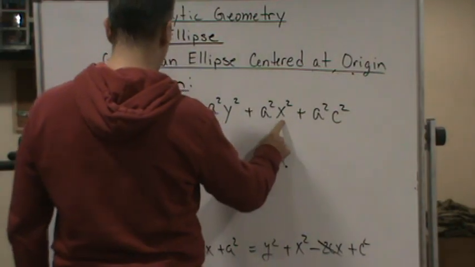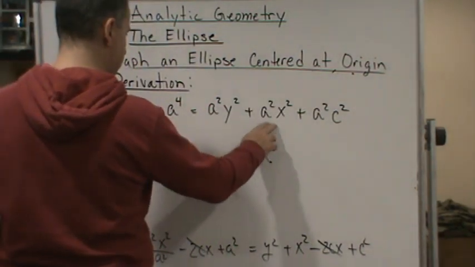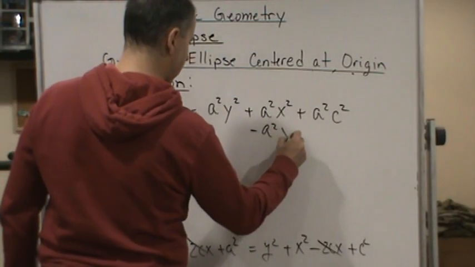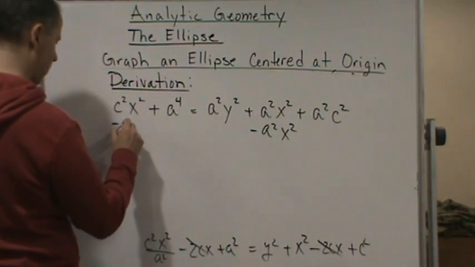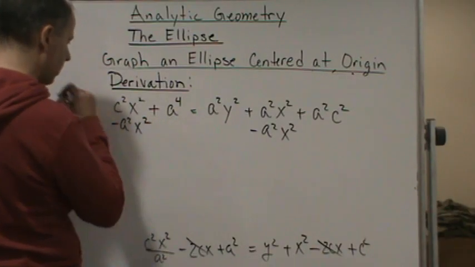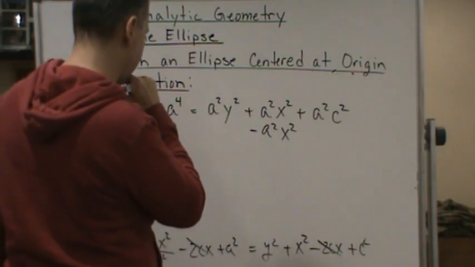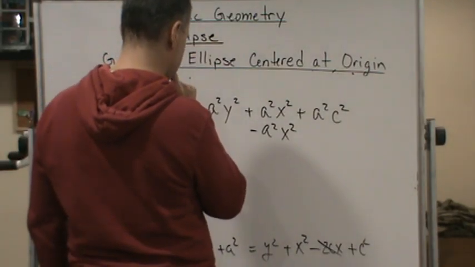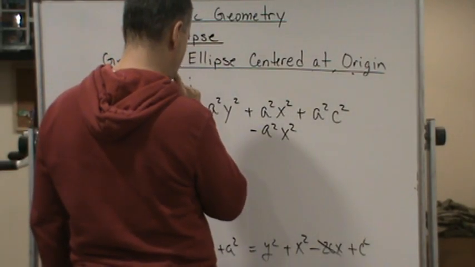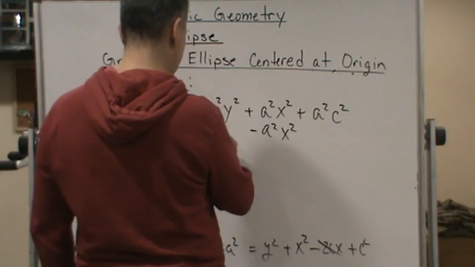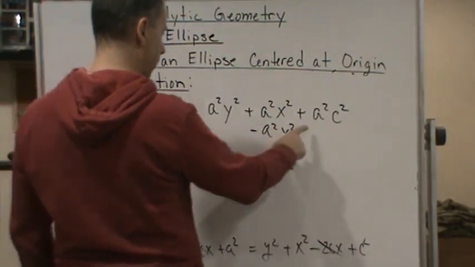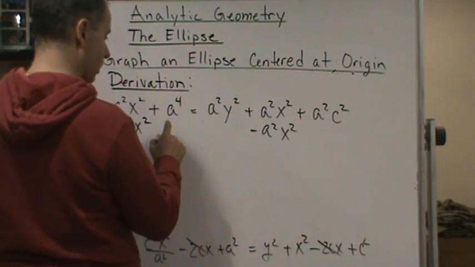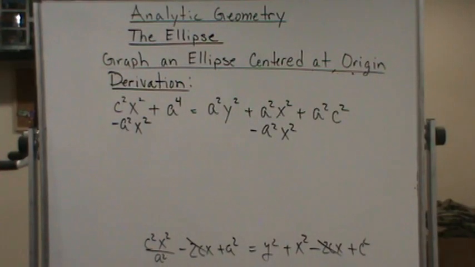Now we've got an x squared here and x squared here, so let's bring those over. So let's subtract off a squared x squared. And then we've got an a squared here. Oh, but that's got a y. Okay, we've got an a squared here and an a squared here.